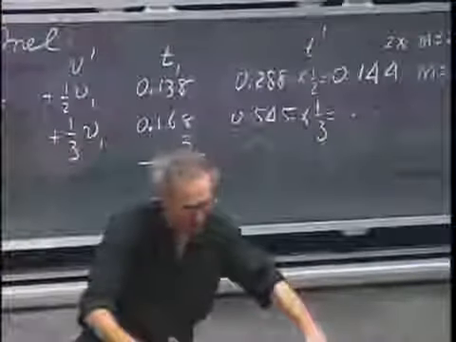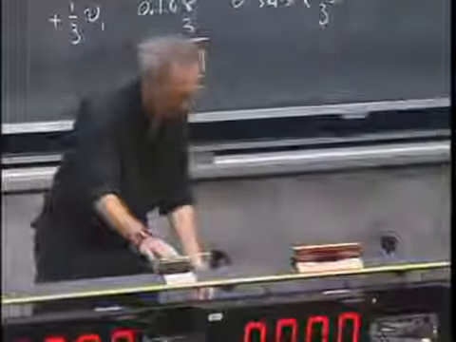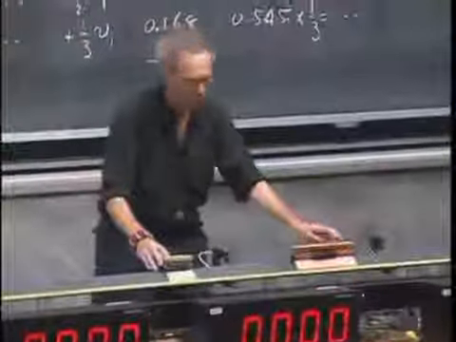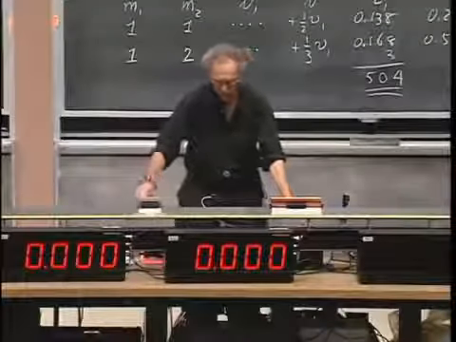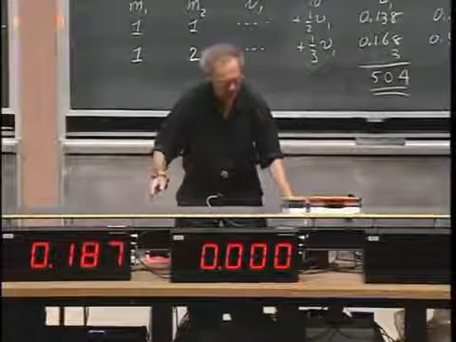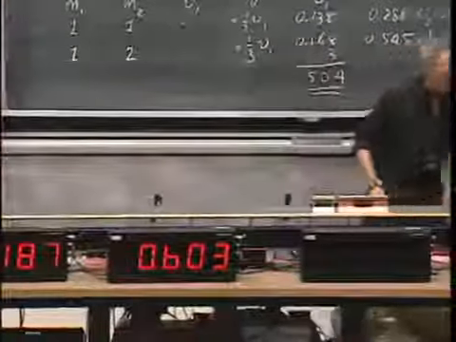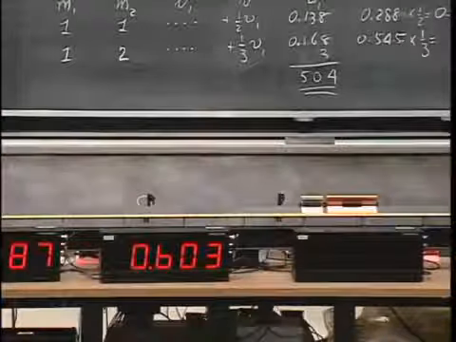But these things can happen. I told you they bounced. I didn't like that. And then they got stuck again. I will do it once more. Maybe I'm a little bit luckier. Again, they bounced a little before they finally merged. 603, 187.